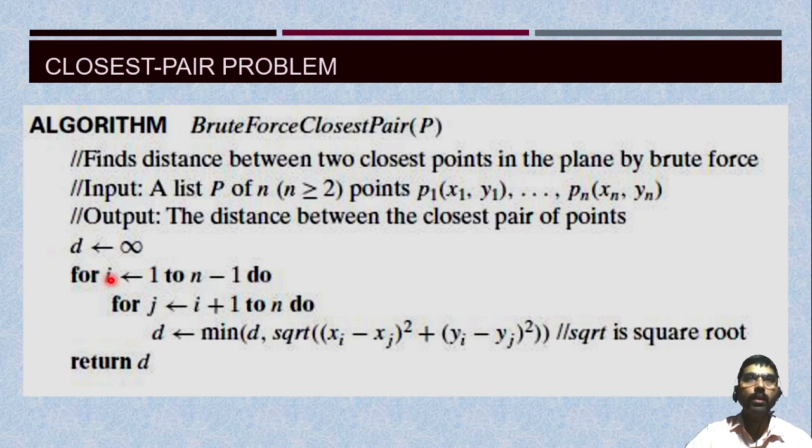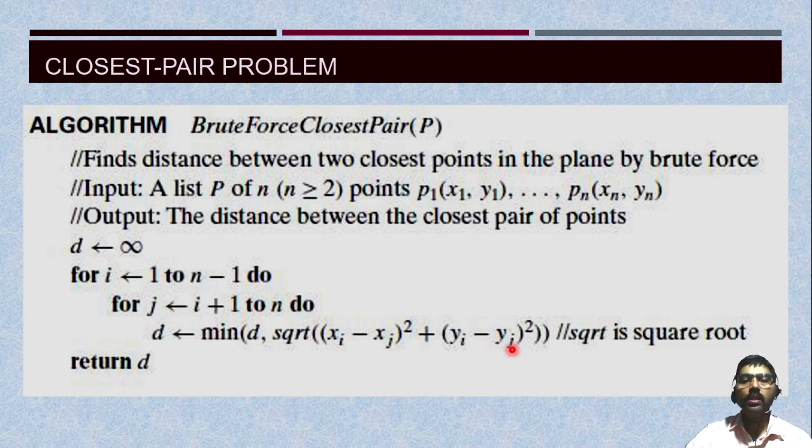Point i points to the left side, and the remaining points are pointed by j. This j value is always more than the i value. I am using j larger than i to reduce the repetition of the same distance computation. Otherwise, the same distance will be calculated 2 times.